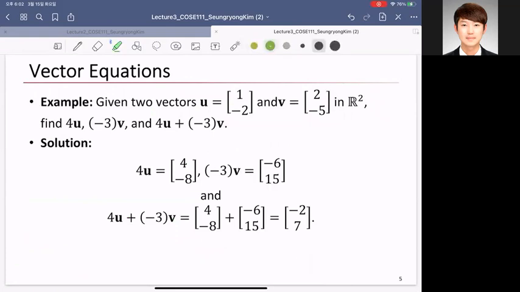This is a very simple example. Given two vectors, u equal to (1, -2) and v equal to (2, -5) in R2, find 4u, -3v, and 4u plus -3v.